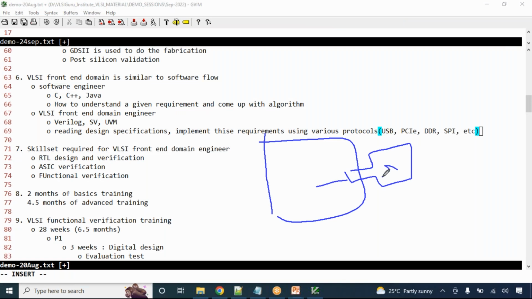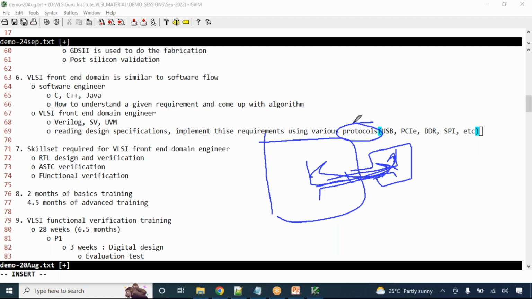Have you ever noticed how the data transfer is happening? When you make a request, how is the data coming? There are very well defined guidelines which tell how the data should move, how the data should be read. Those guidelines are what we call protocols. There is a different protocol for USB.